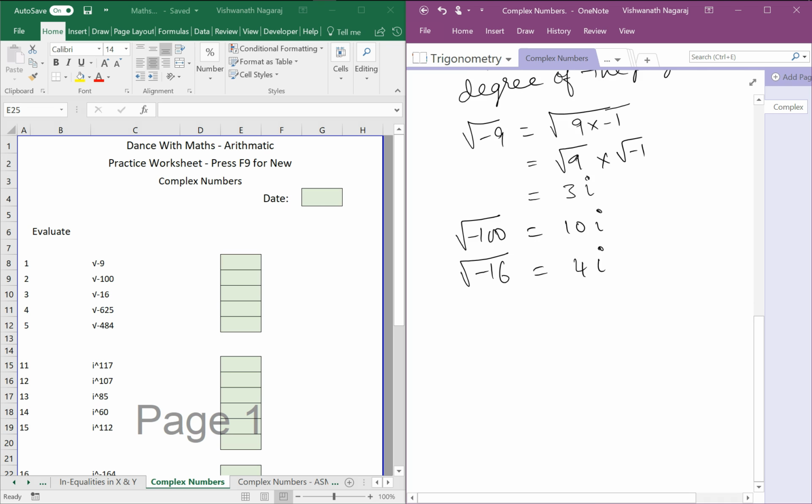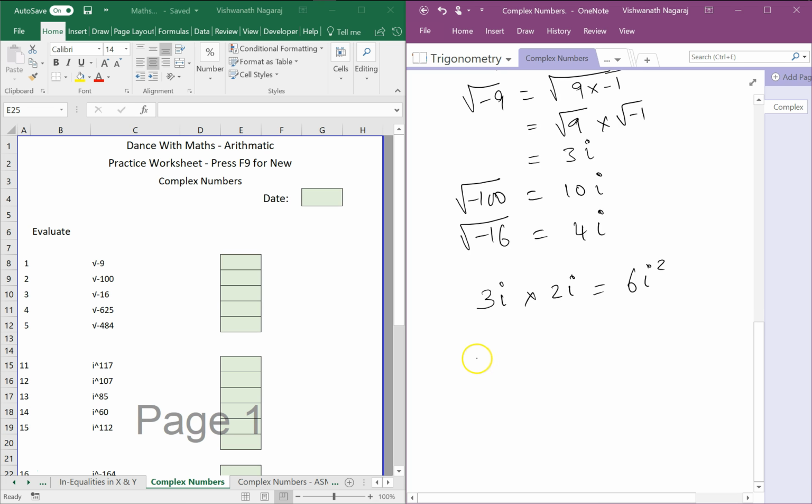Now i need not only be i. Say for example, if you end up in a situation like this, 6i square, what happens? So what is i square? This is also important, that is powers of i.